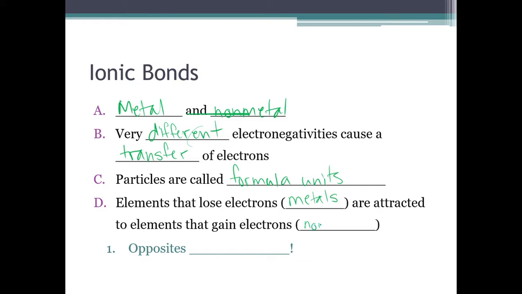Remember, nonmetals will gain electrons. So then you end up with a positive metal ion and a negative nonmetal ion, and as we learned in our last unit, opposites attract. Your positive metal will be attracted to your negative nonmetal, and they will form an ionic bond.